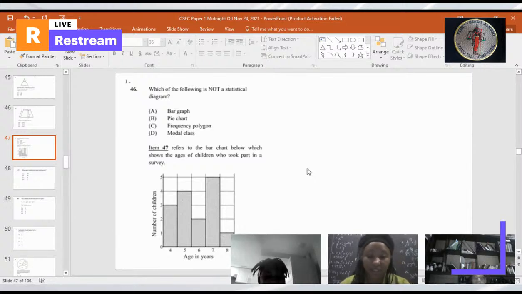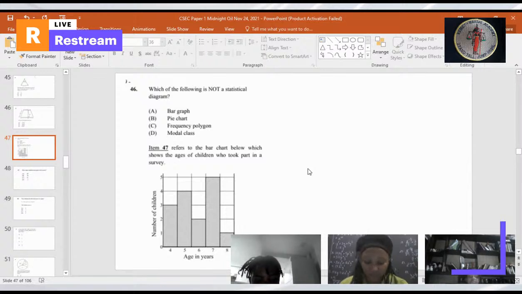Miss, the frequency polygon is like a bar graph, little segments that are connected together. It's like a little wibbly wobbly stick on a graph layout. Yeah, but I'm trying to wonder what statistical diagram that is.